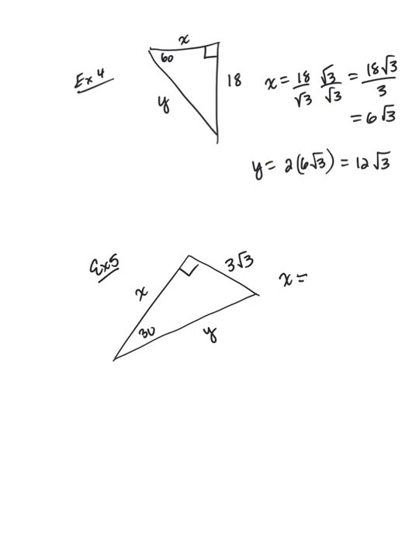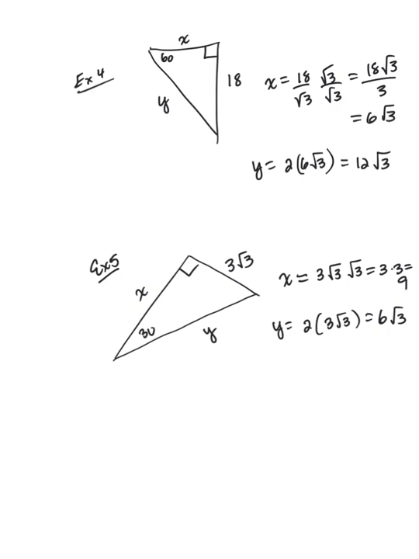I think I said 60. To get the side across from 60, we would do 3 rad 3 times rad 3, which would be 3 times 3, which would be 9. Okay, now to get the hypotenuse, you would take the side across from 30 and multiply it by 2, which would be 6 rad 3.